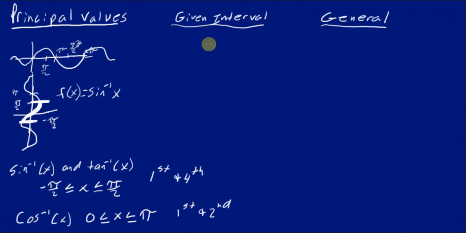The given interval, we've done all that. The most general form is where I'm going to have to take in the infinitely many answers that just keep going up.